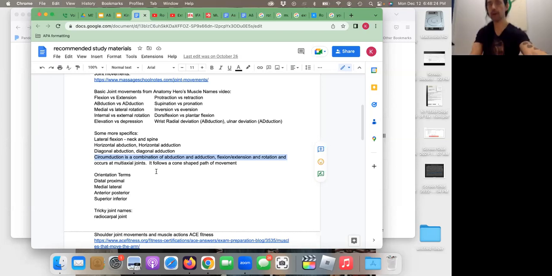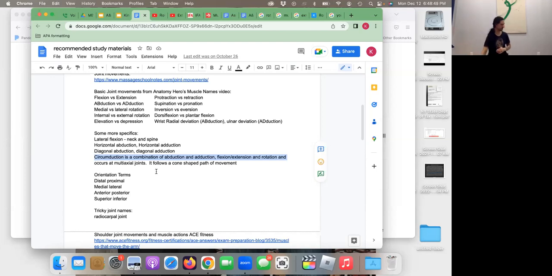So a cone looks like this. So this is the tip of the cone, and this is the big circle of the base of the cone. Right? So I'm drawing this big circle with my fingertips, and the tip of the cone is up here. Right now I'm drawing a big circle with my hand, and the tip of the cone is right here. Circumduction.